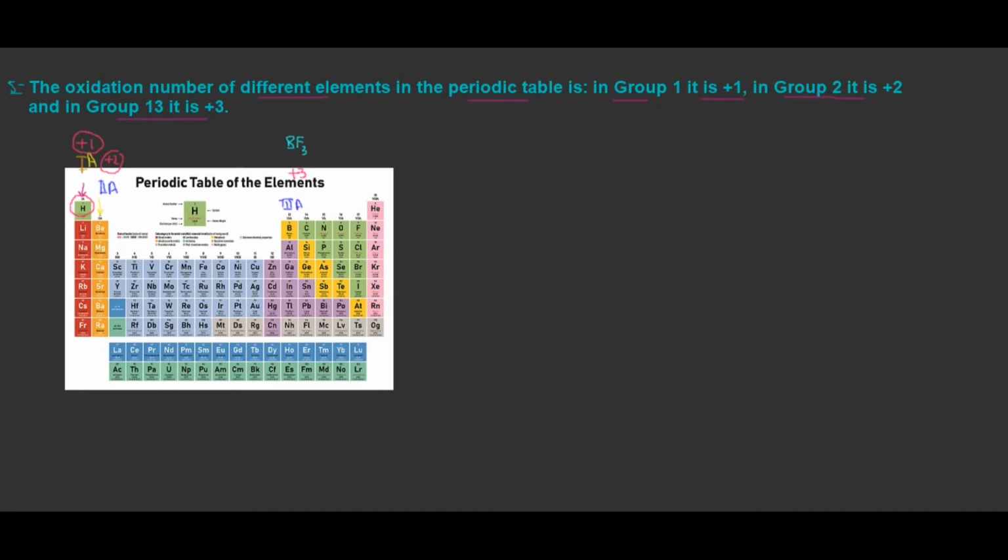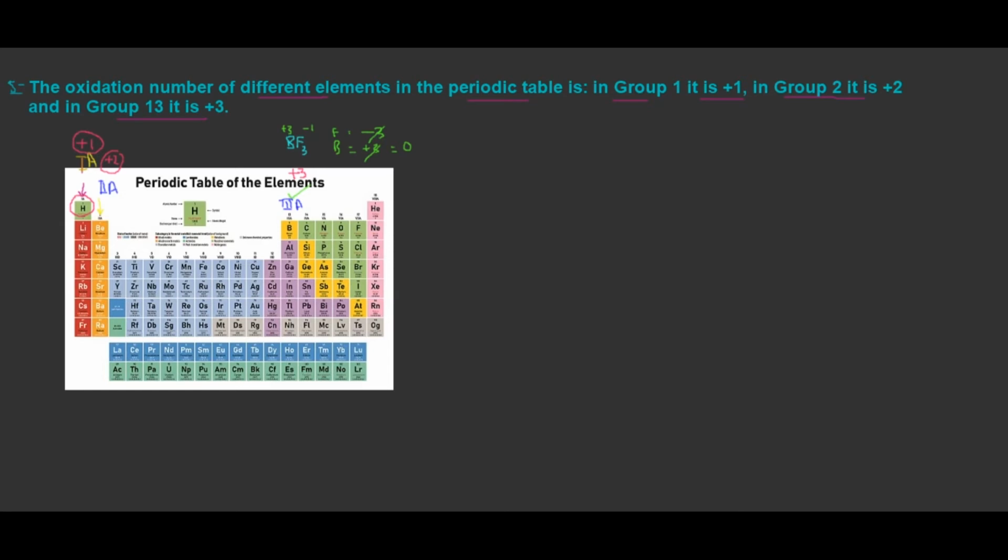In boron trifluoride, fluorine has minus 1 charge, and boron has positive 3 charge. So 3 multiplied by minus 1 gives -3 for fluorine, and boron has +3 charge. As you know that the algebraic sum is always equal to 0, so -3 and +3 you will get 0. So it means that group 3A has +3 charge.